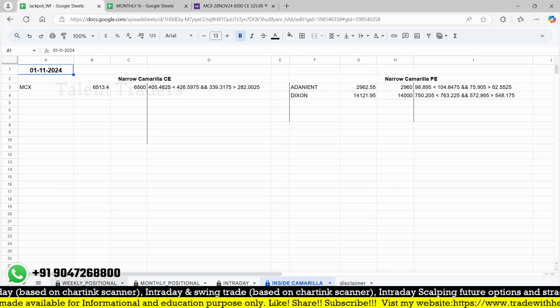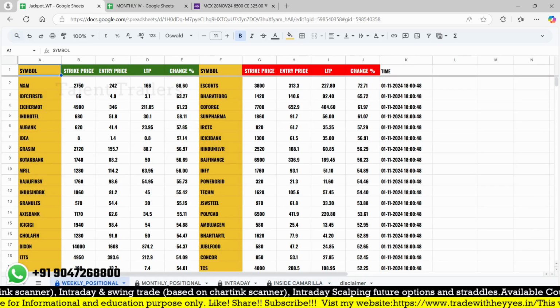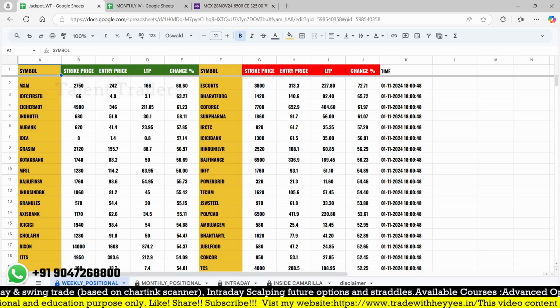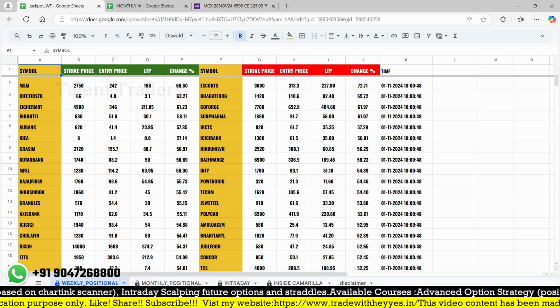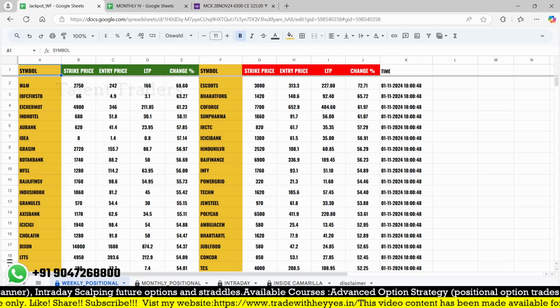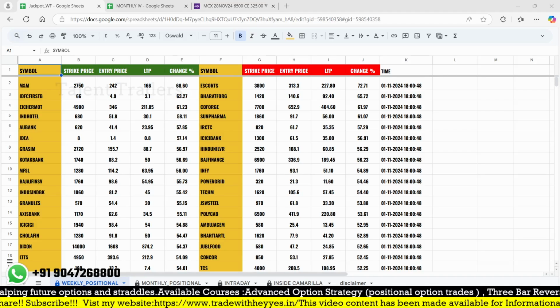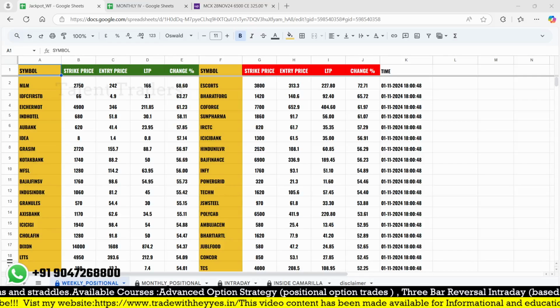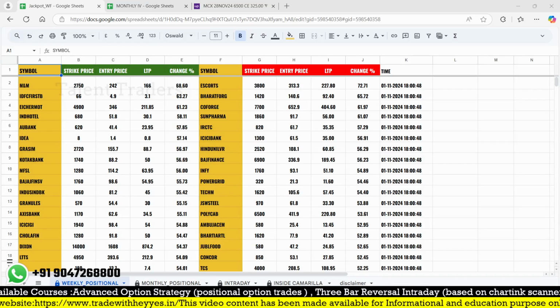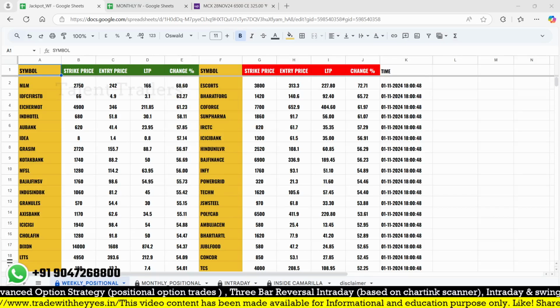And monthly and weekly sheet there is no issue because this month has started, only 1 day is gone, and from the 4th of November we are going to plan for good opportunities from our sheet. And next month the 28th is the expiry.